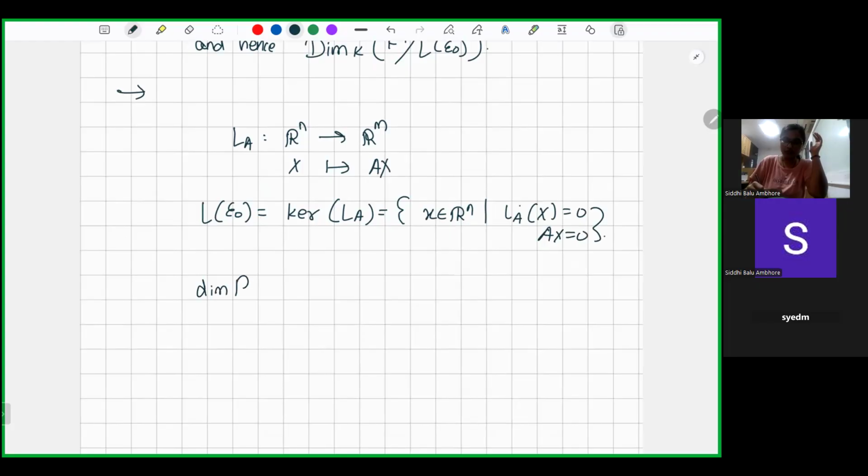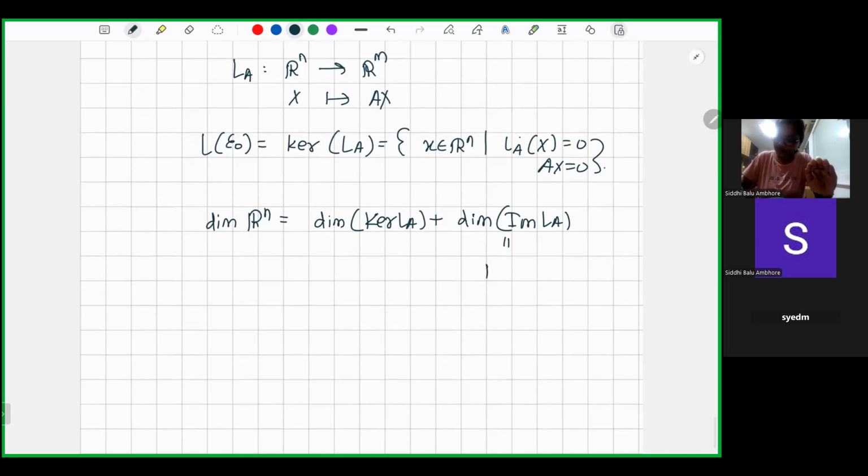So we know that the dimension of Rn is the dimension of the image plus the kernel. The dimension of Rn is the dimension of the kernel of LA plus the dimension of the image of LA, right?